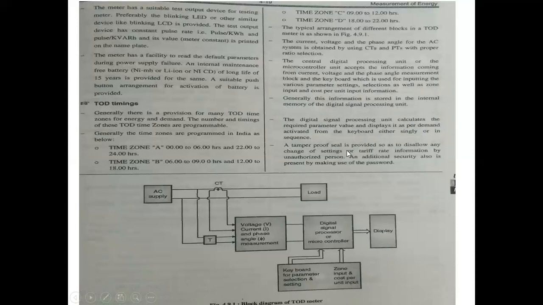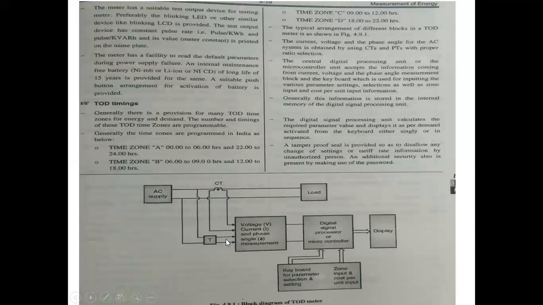A tamper-proof seal is provided so as to disallow any change of setting or tariff rate information by an unauthorized person. Additional security is also present through the use of a password. This is the block diagram of the TOD meter. The AC supply is given to the load through CT and PT.